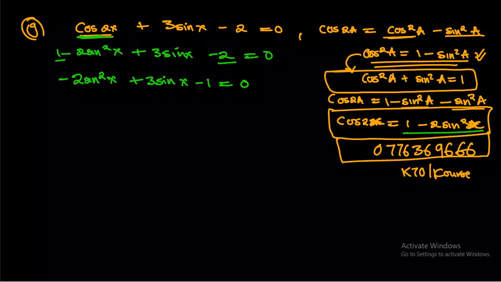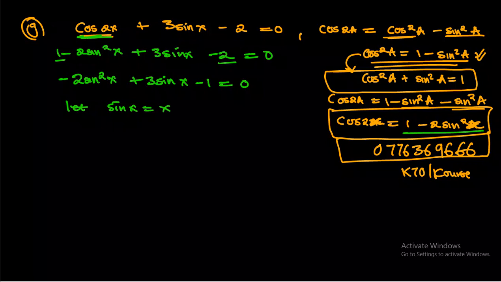Now, the way I used to solve these questions, this trick I'm going to show is not even in your lecture notes, but I'm going to show you this simple trick. You write sin x be equal to x.